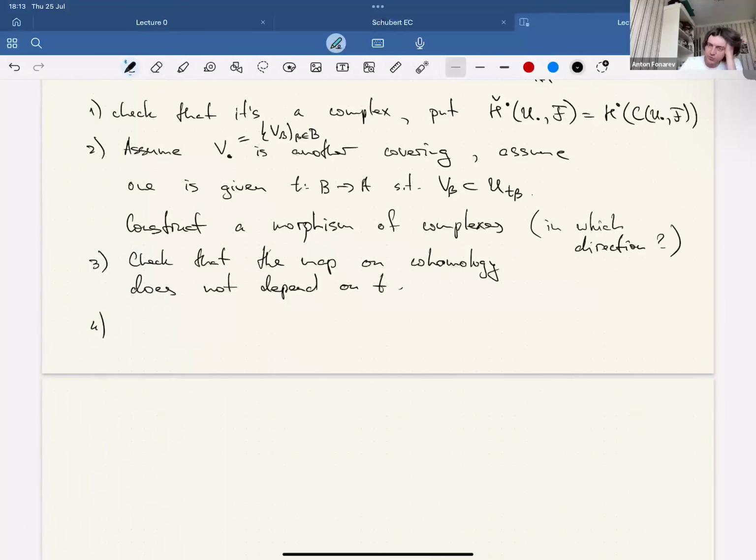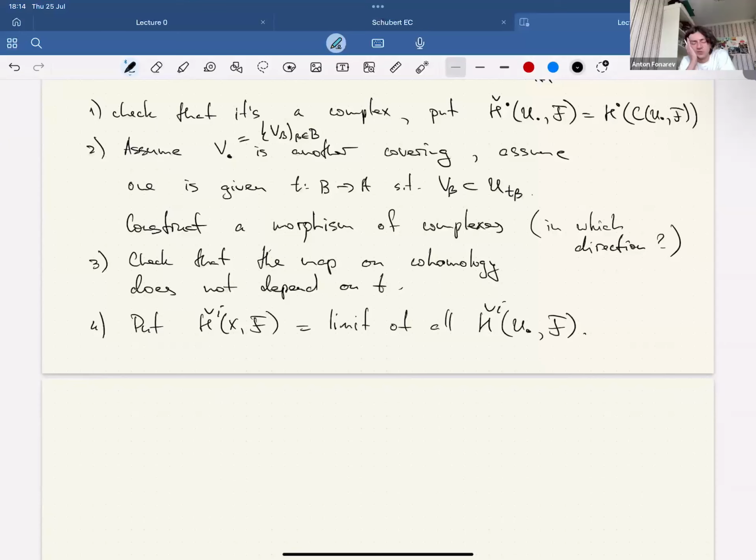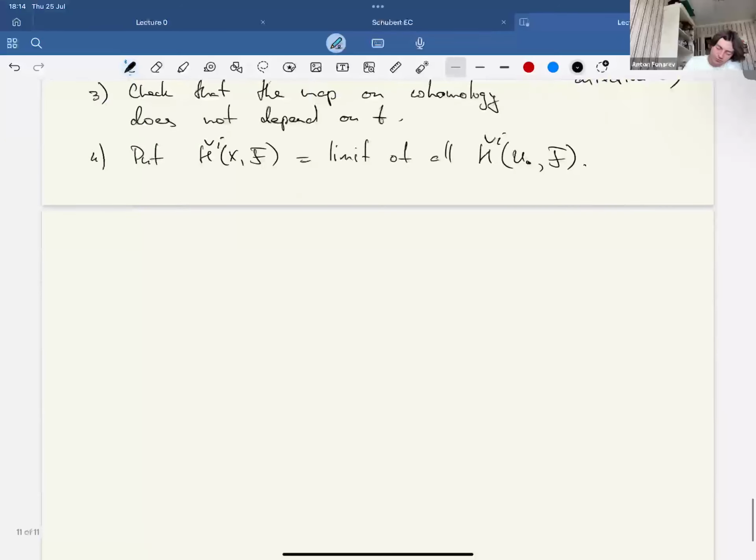And in such a case, what you want now is to put Ȟ on X of F to be the limit of all Ȟ over all possible coverings of F. So this works in a very big generality, but of course the most important thing for us is that in most cases that are interesting, this Čech cohomology, first of all, will coincide with the usual one, the one that we defined, and second of all, we can restrict to very simple coverings. So our goal is to show the following.